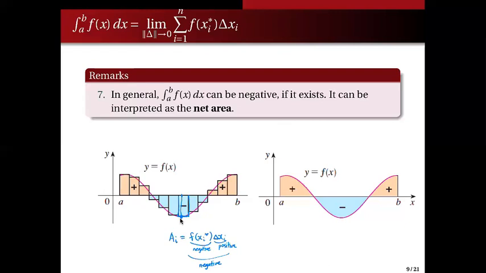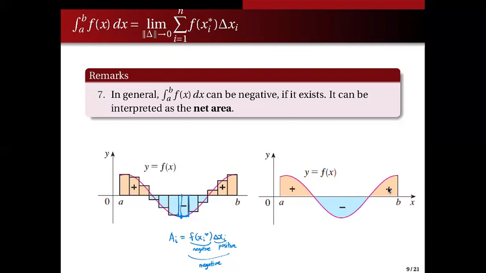So you do the same process, even if your function is negative. And therefore, when you pass to the limit as this norm tends to 0, these will be the regions. This guy here, and this guy here.